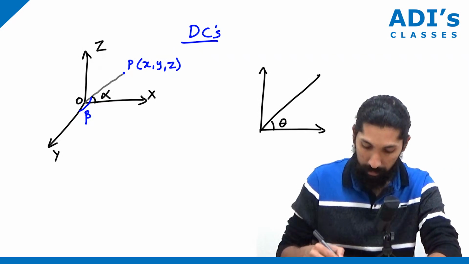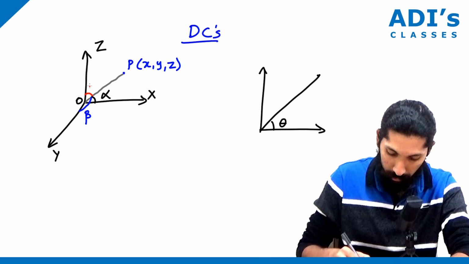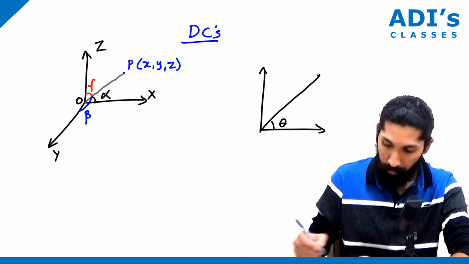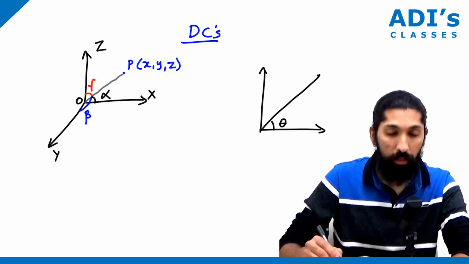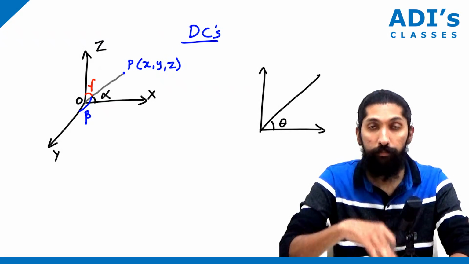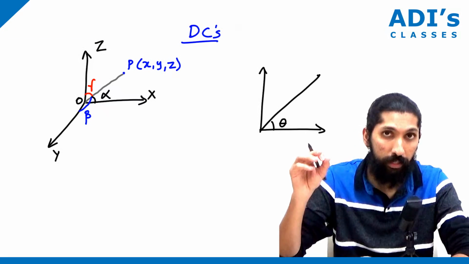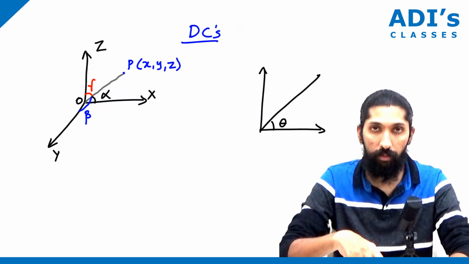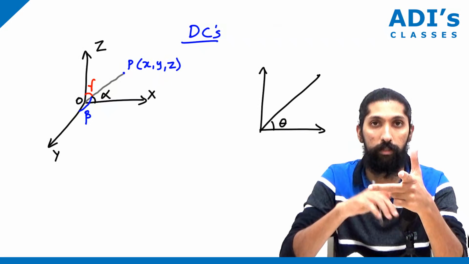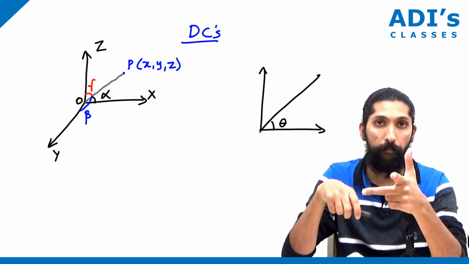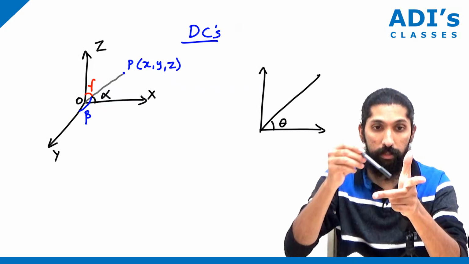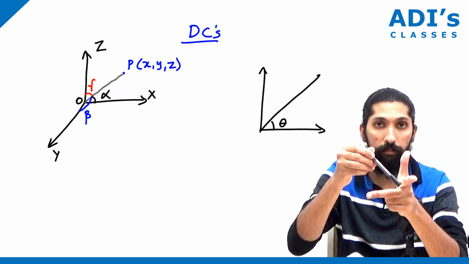Then, with respect to the z-axis, it makes an angle. Let's call it gamma. Now, a line makes 3 angles with 3 different coordinate axes. Fair enough? Think of it like this: x, y, and z, and let's say the line is something like this.